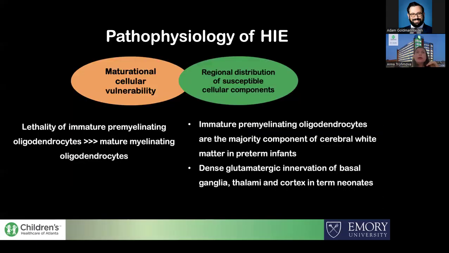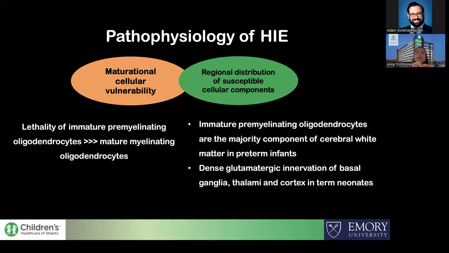Okay, so just quickly, a very quick thing about two other important concepts that are applicable to hypoxic ischemic injury: the concept of maturational cellular vulnerability, as well as regional distribution of susceptible cellular components.